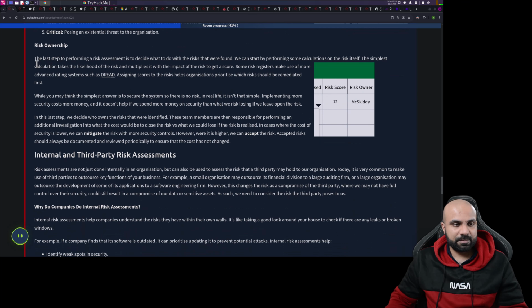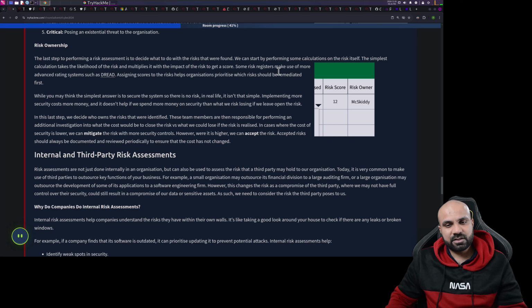Risk ownership. The last step to performing a risk assessment is to decide what to do with the risks that were found. We can start by performing some calculation on the risk itself. The simplest calculation takes the likelihood of the risk and multiplies it with the impact of the risk to get a score.